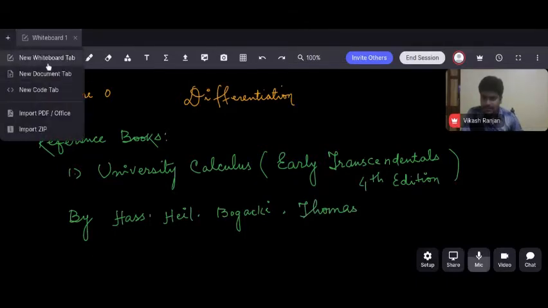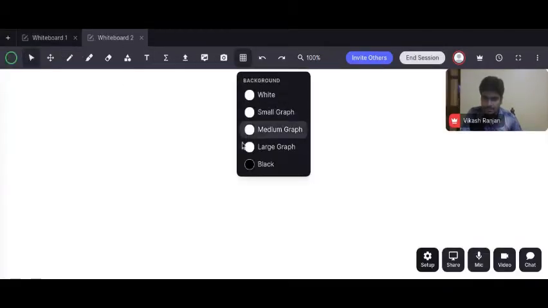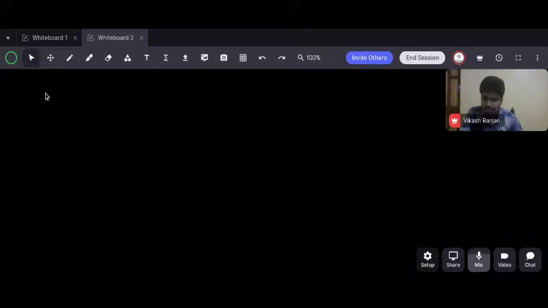Now we have the other reference book. So the other reference book is James Stewart, Calculus, eighth edition.